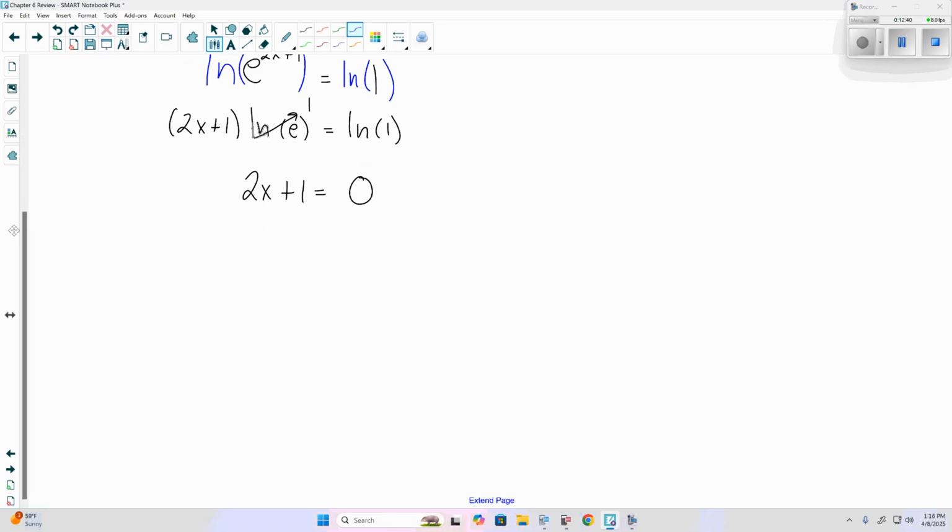So if we notice that the natural log of 1 is 0, we can replace it with 0. Solve for x. Minus x is negative 1/2.